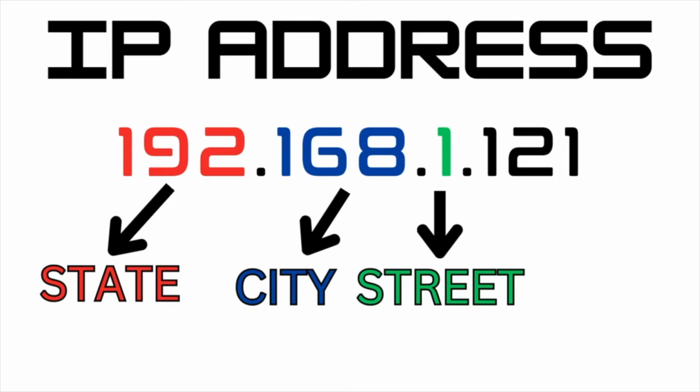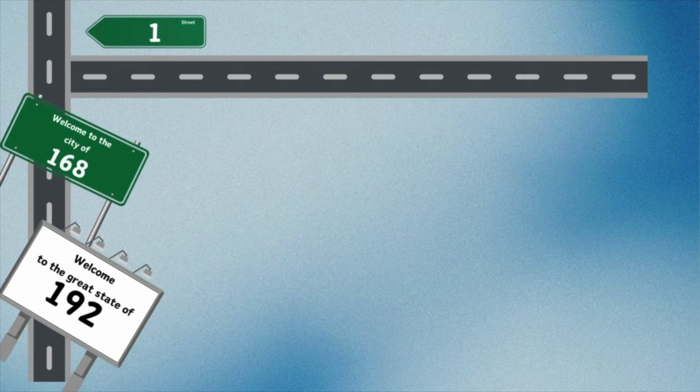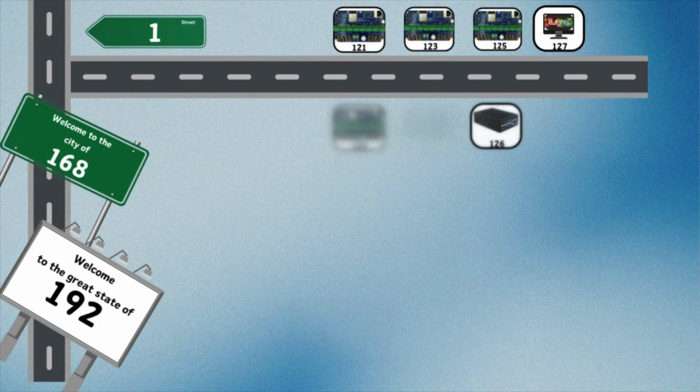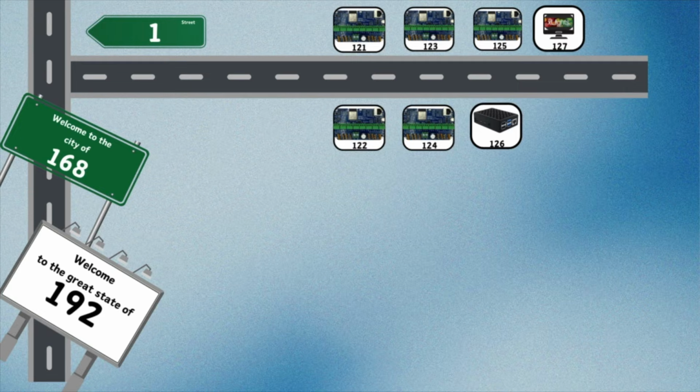This one happens to be dot 1. So now we welcome ourselves to the great street of dot 1. So we've got our state, our city, and our street. And the final number, that is our house number, which is 121. So that is where our controller, or where we live, is house number 121. And in this figure, you can see that there's other houses that live around us.